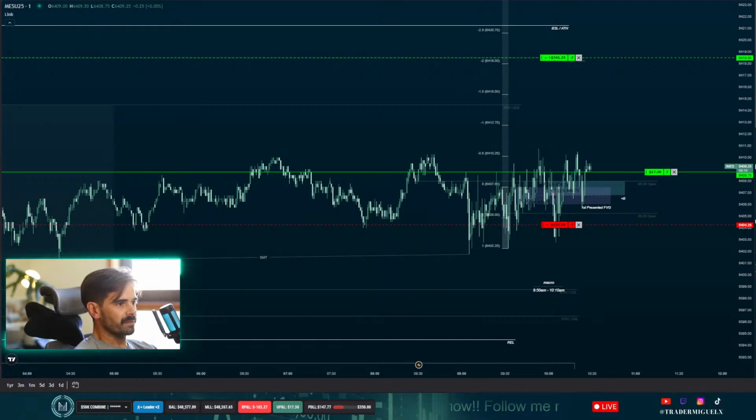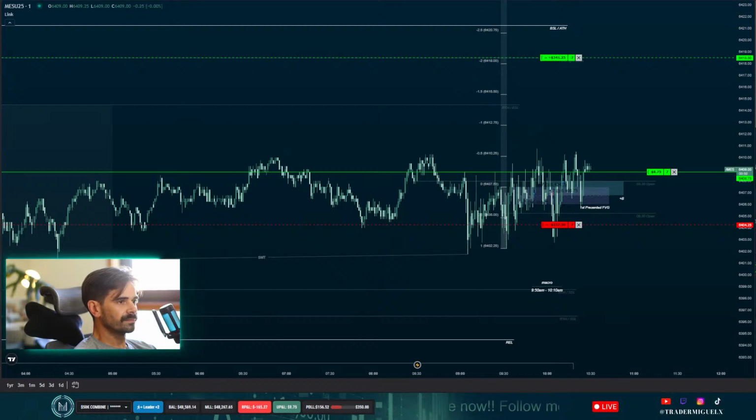So I really would like to see price move a little bit and not be in this range anymore. Still waiting here for somehow.